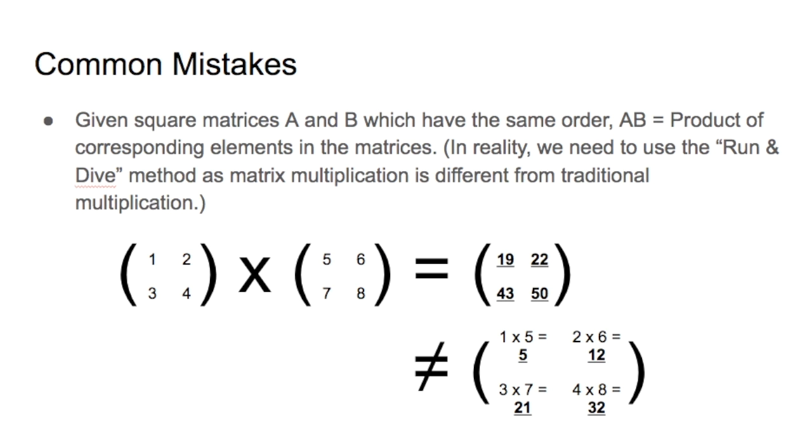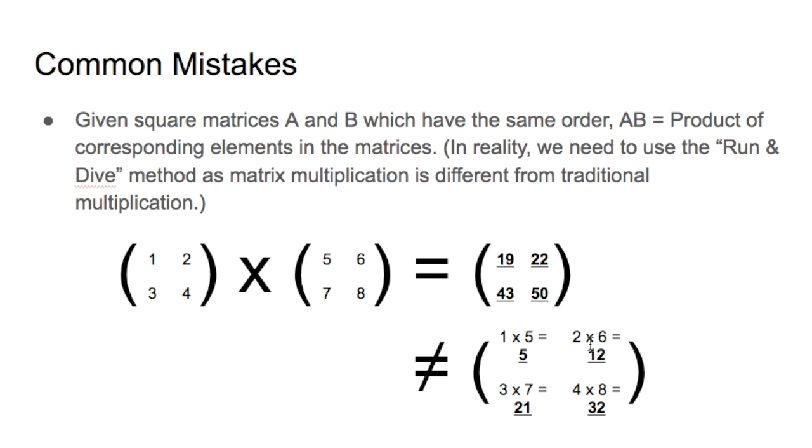The next common mistake that students make is that given two square matrices A and B which have the same order, AB equals the product of the corresponding elements in the matrices. This is illustrated in the following example, where students tend to make the mistake that in the upper left hand corner of our resulting matrix, it's actually the product of 1 and 5 in the two matrices that we are multiplying together.